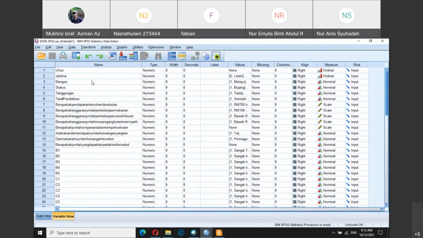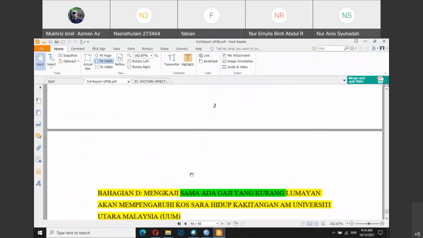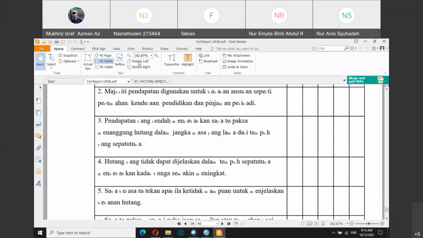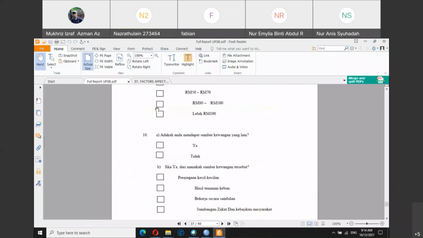For those who cannot understand the Malay language, like Sihun, you need to ask your group members to translate this for you. But basically you can follow question 1 until question number 33 based on the questions here in this particular project.